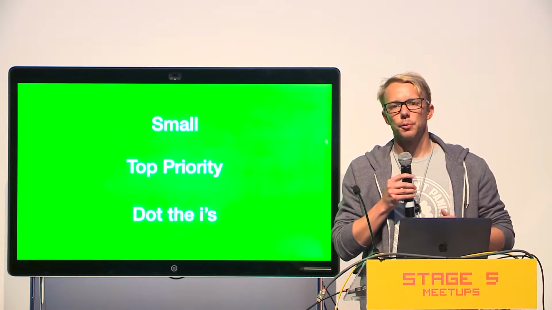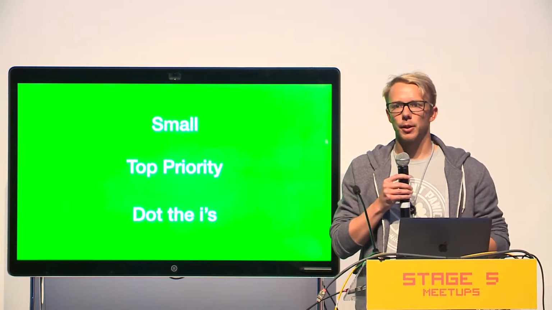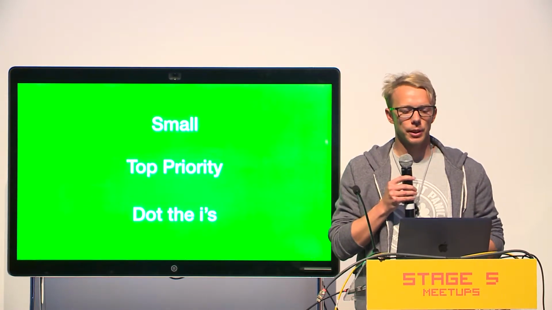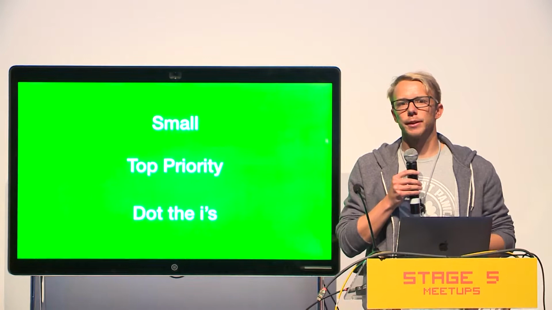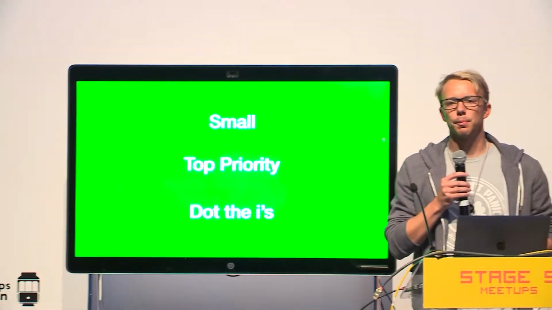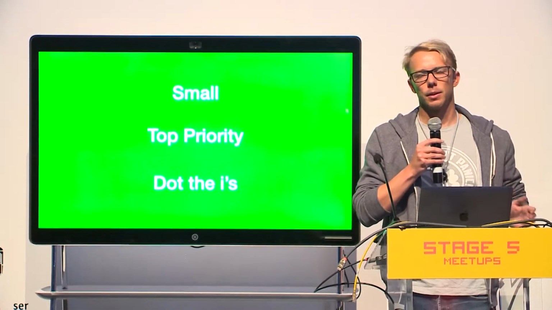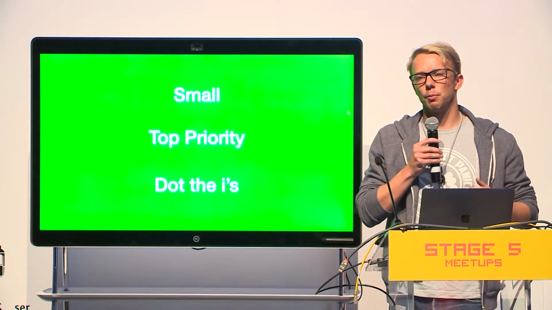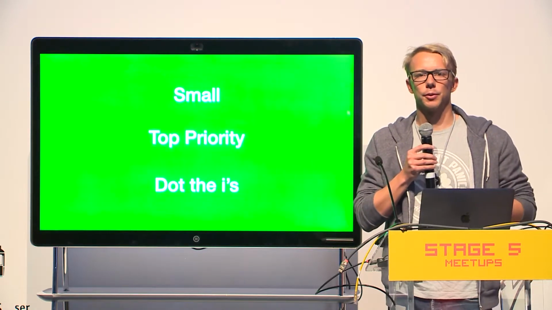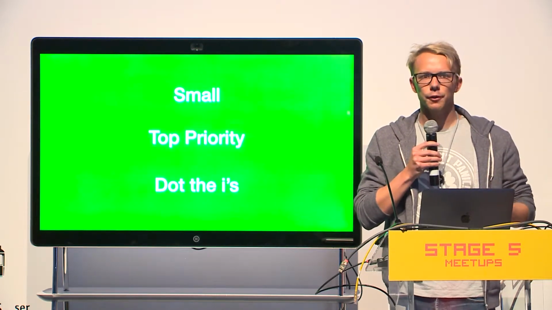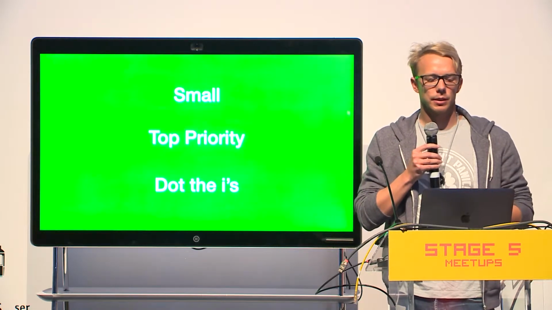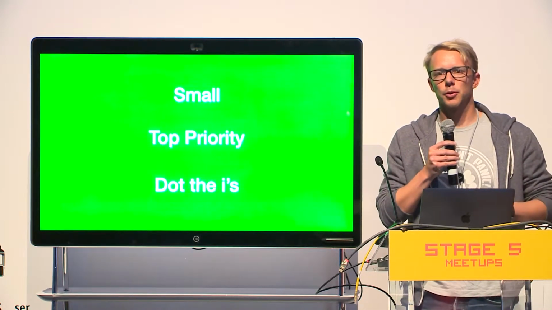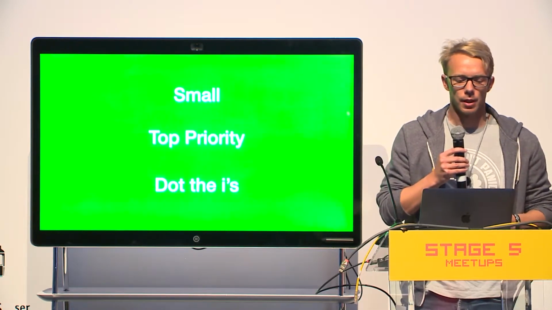So your pull requests should all be as small as possible, and this might seem trivial, but it's actually really, really hard to do, because it means that sometimes you will have to split the code into multiple smaller chunks, and to do that you might have to add a feature flag or some other type of flow control to make sure that nothing breaks.